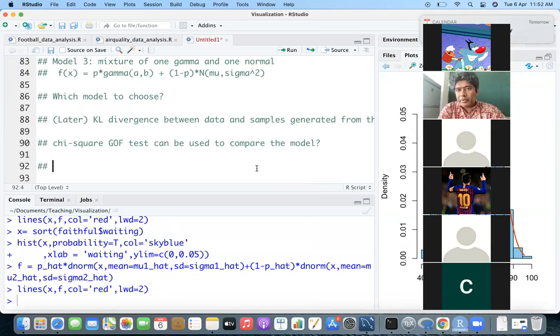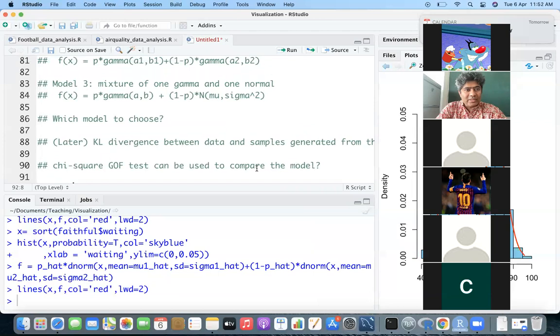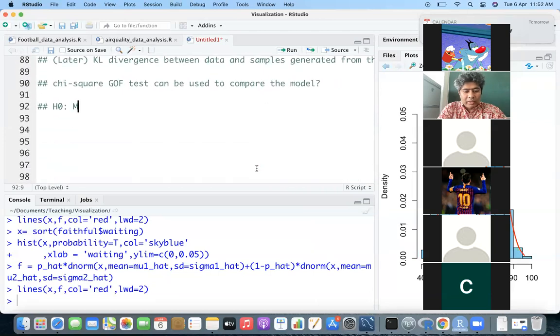Typically, it is a hypothesis testing problem, and first you have to define your null hypothesis. Null hypothesis: model 1 is good, versus alternate: model 1 is not good. So this is your test 1.